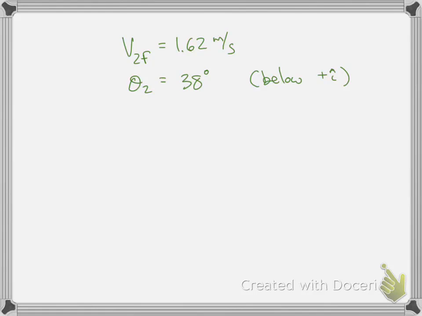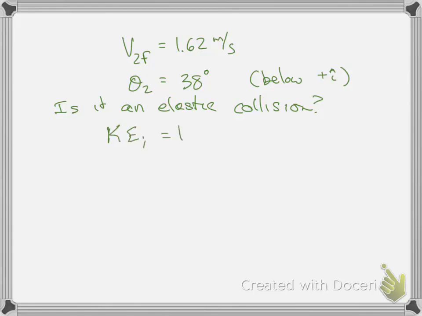Okay, so the last thing: is this an elastic collision? I think I said I don't think it is, but is it? What does it mean to be an elastic collision? If it's an elastic collision, that means energy is conserved. Now, it's not on a slope, it's not going up or down, so by energy being conserved, we mean KE initial equals KE final of the system.